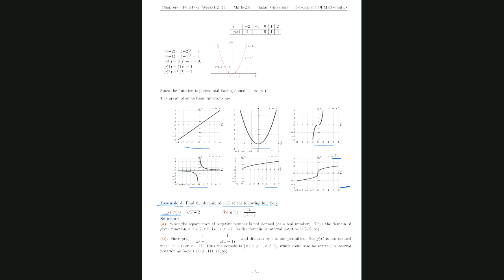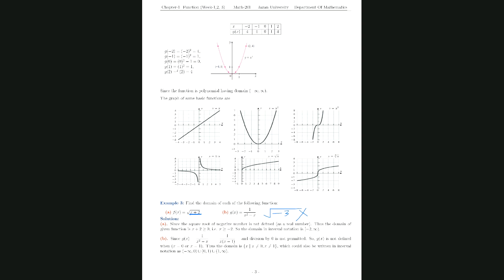Just keep in mind, whenever there is a square root in the function, how do we find the domain? Let me explain. Inside a square root, it can never be negative: all the time a positive number, maybe zero and maybe a positive number. The square root of minus 3 is not defined.